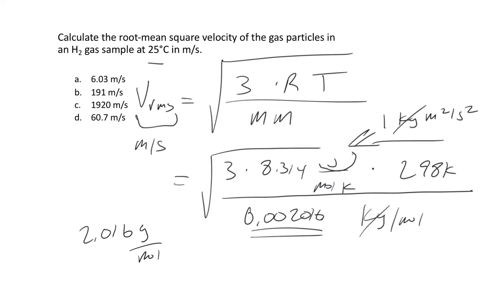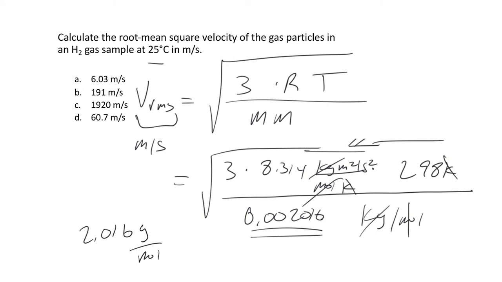So let me rewrite the units of joule in here as kilogram meter squared per second squared. So that's how we see we want to go to kilograms to cancel kilograms, Kelvin to cancel Kelvin, the mole unit cancels, and the only thing not canceling is meters squared per second squared, and we're taking the square root. So when we take the square root of the units, we get meters per second.